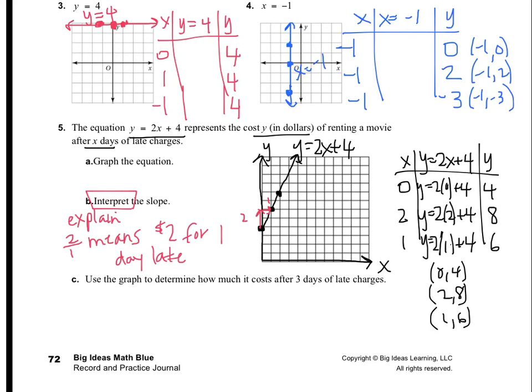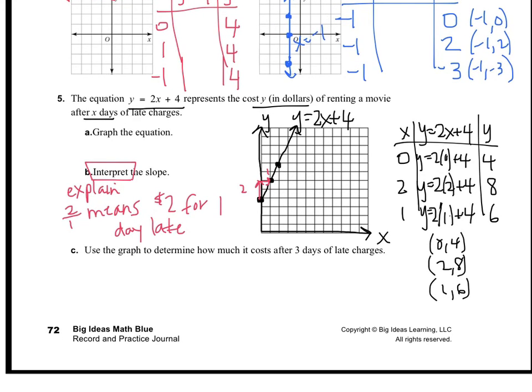Letter C, use the graph to determine how much it cost after 3 days. Well, 3 days is going to be an x value of 3. So if the x value is 3 right here, then what's the price? That point right there. What are the coordinates? That's 3 comma what? It looks like it's 3 comma 10.